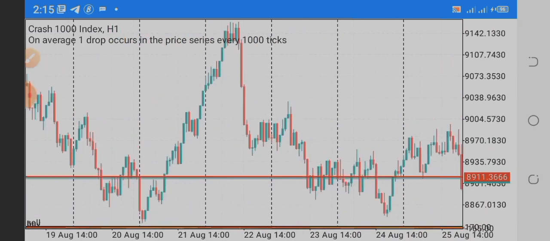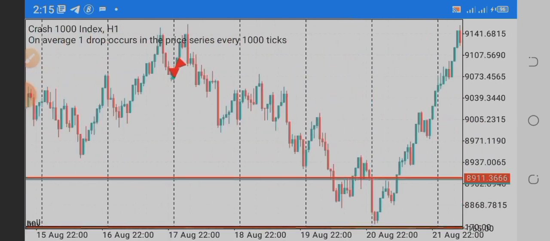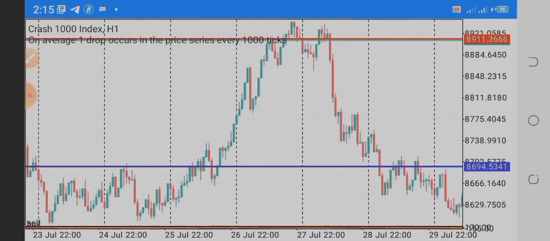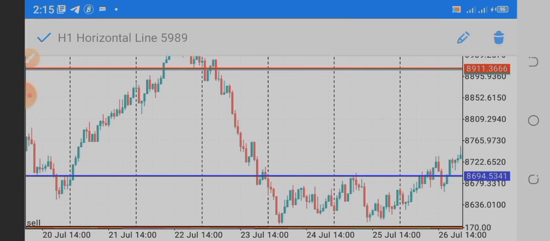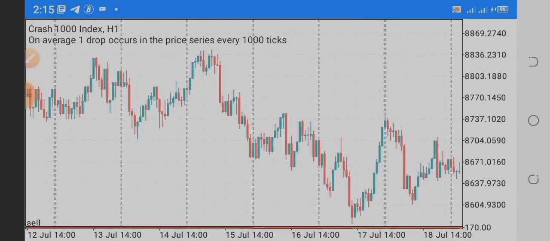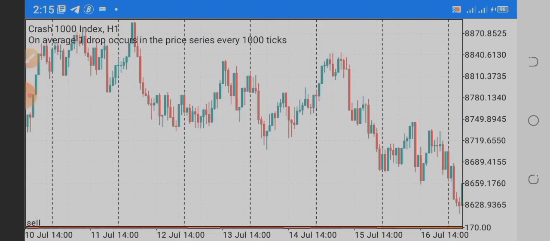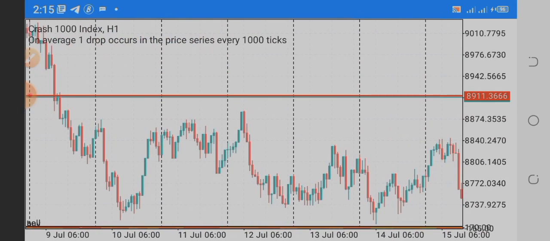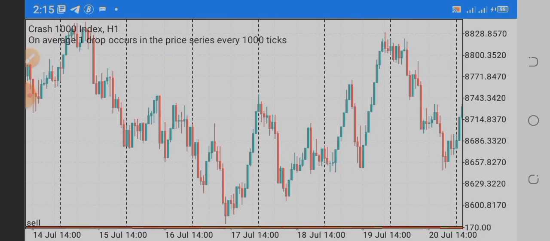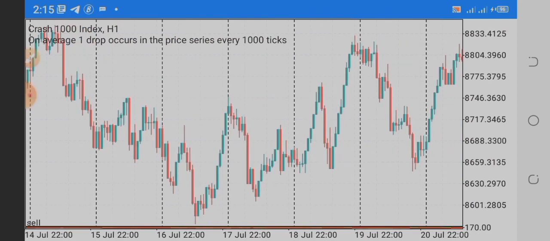So we can actually draw a resistance also. I want to draw a resistance somewhere else, so that you get this very well.